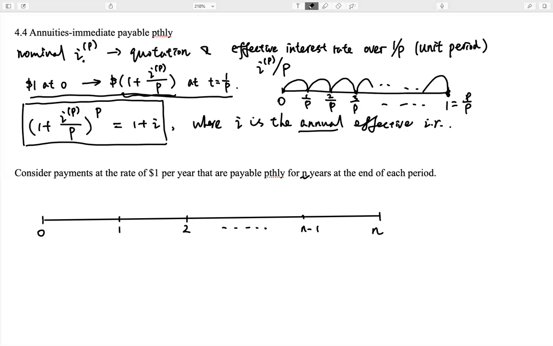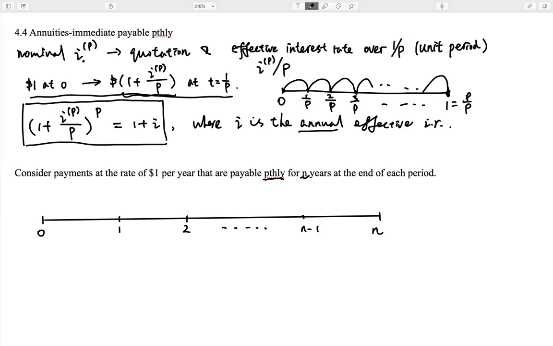So I have n years. I know in each year I will receive a total of $1, and without any discounting. So the nominal amount is $1, and it's payable P-thly, which means I will receive P payments each year at the end of each period.